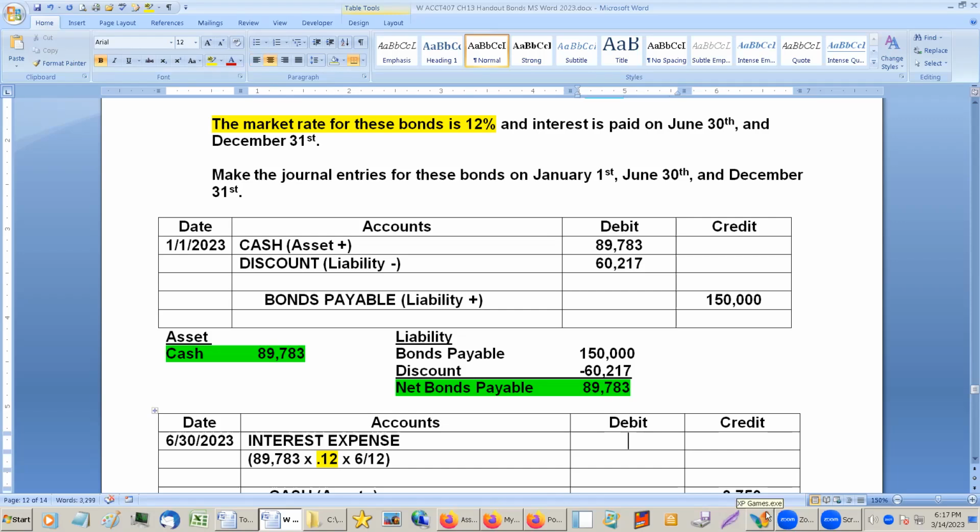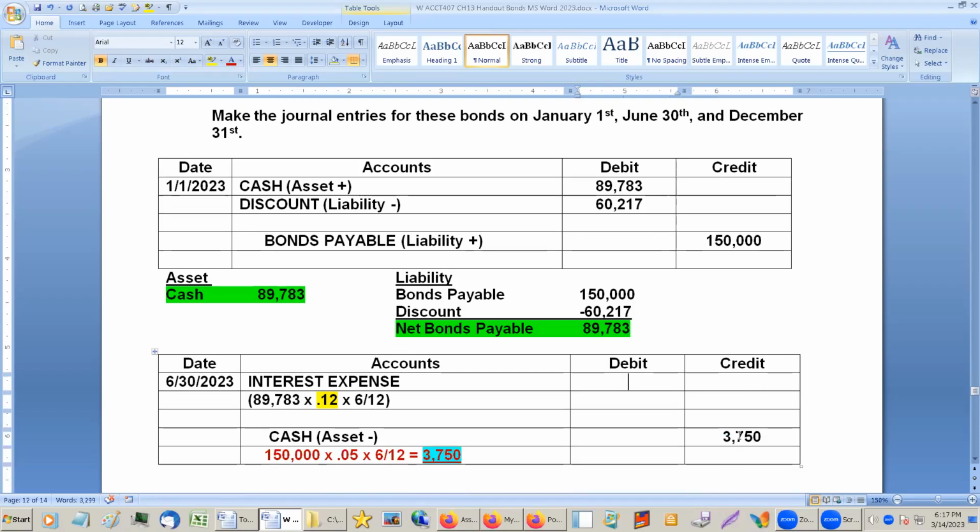Okay, time for Mr. Calculator. I'm gonna round this off to the nearest dollar, and feel free to do that on the test.